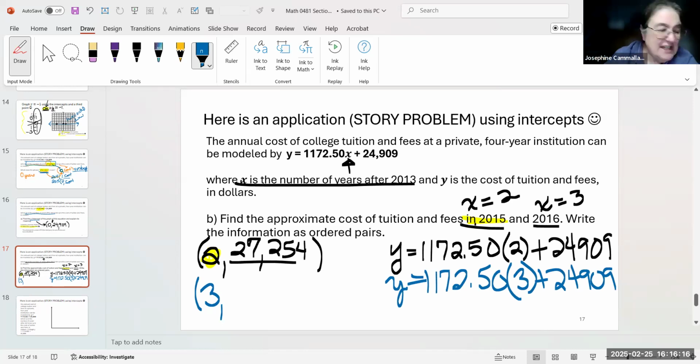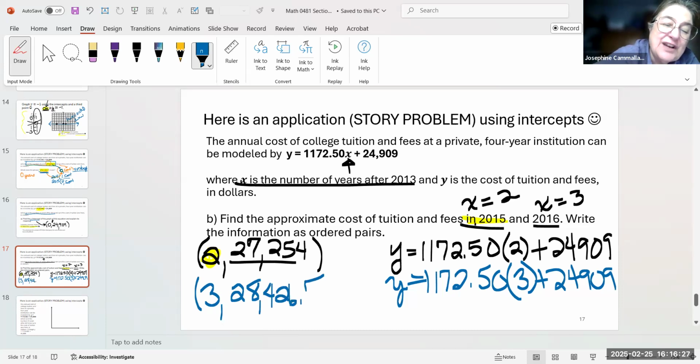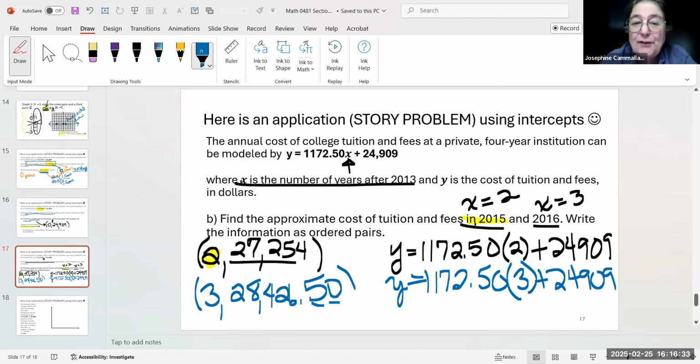Now, this is going to give us $28,426.50. Now, you've got to have 2 decimal places for money. So this is what we're looking at.